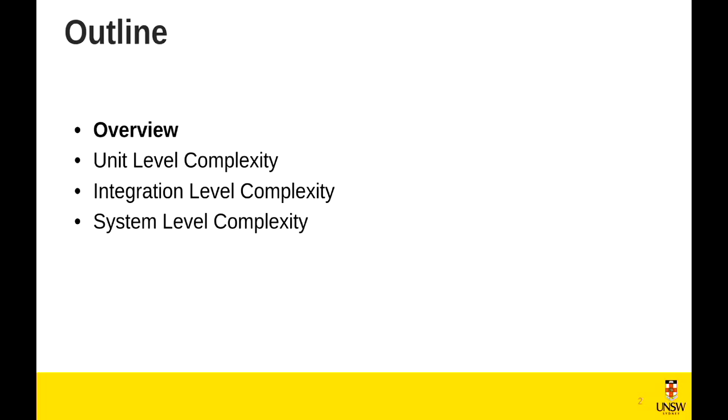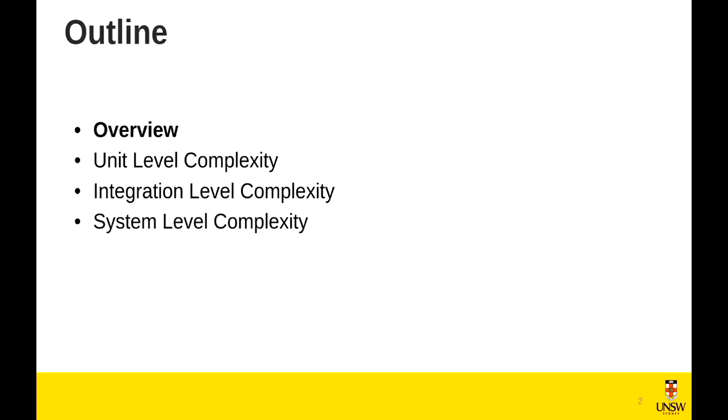And for structural complexity, we learned the concept of cyclomatic complexity. It could be calculated for any graph actually, and the calculation is based on the formula of E minus n plus 2p.